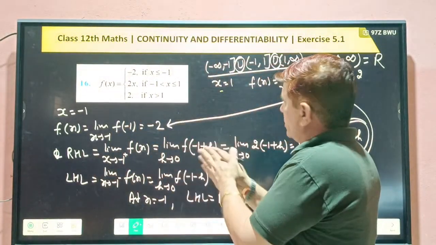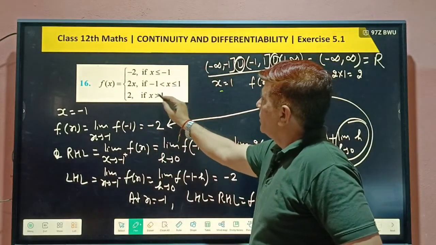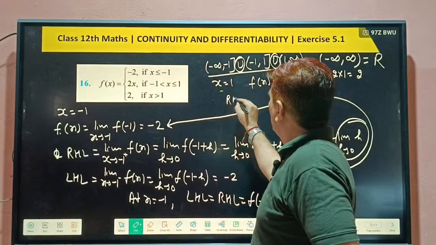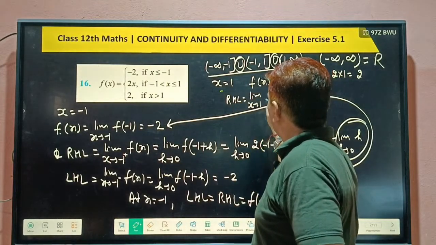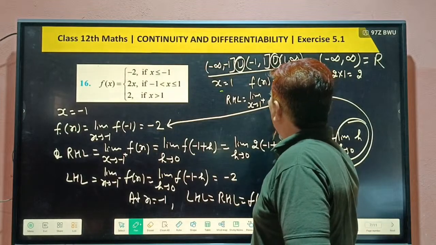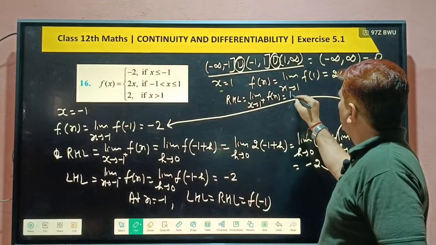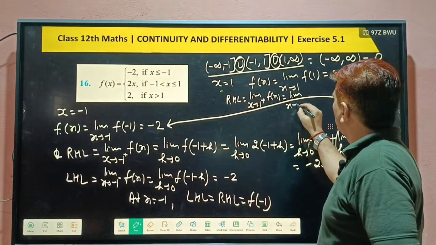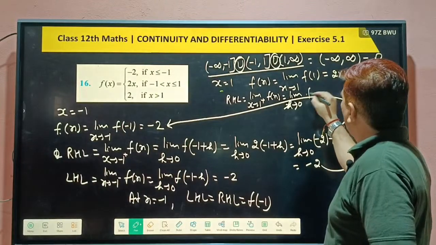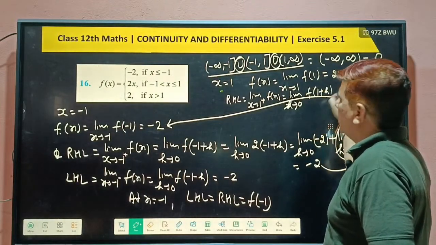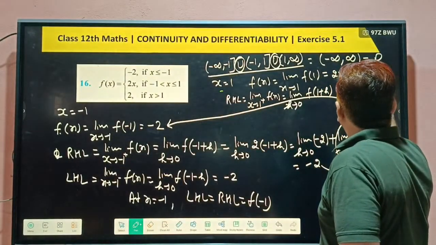Now find it like this. RHL equals the limit as x tends to 1 plus of f of x, which equals the limit as h tends to 0 of f of 1 plus h, which is equal to 2.